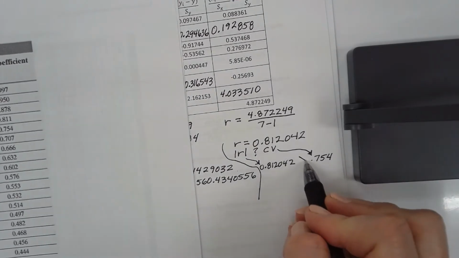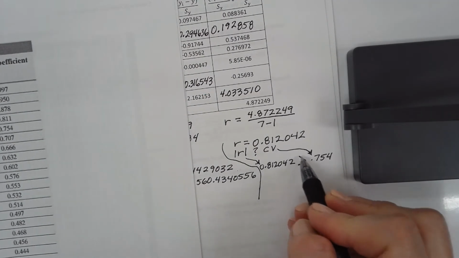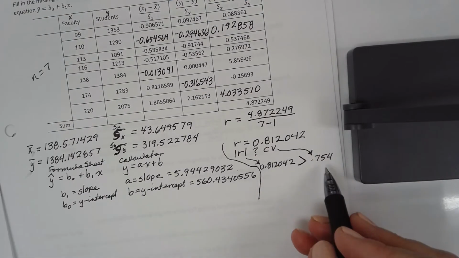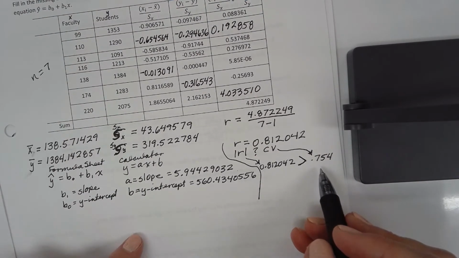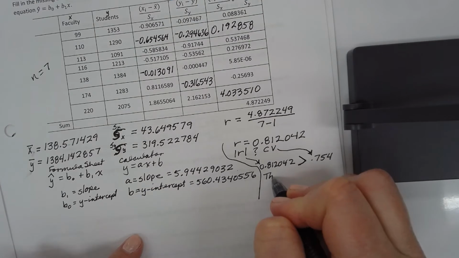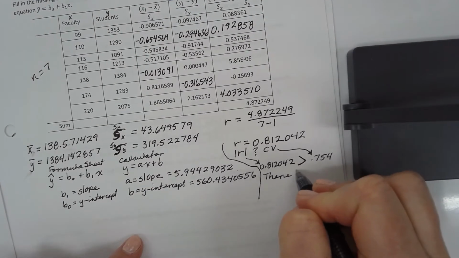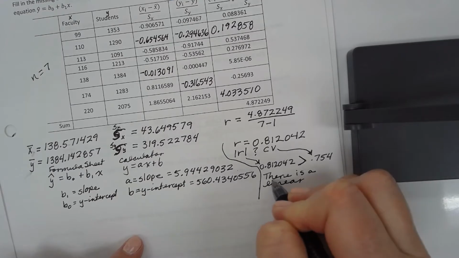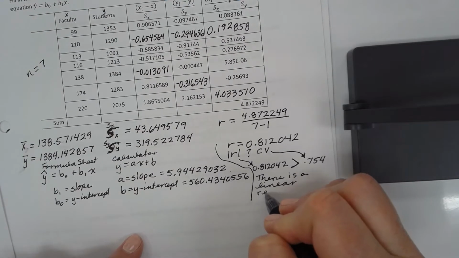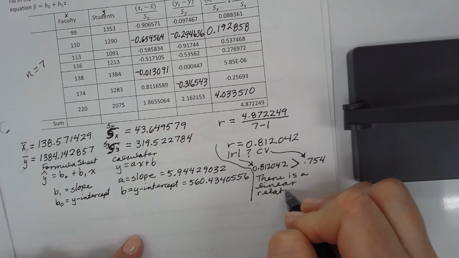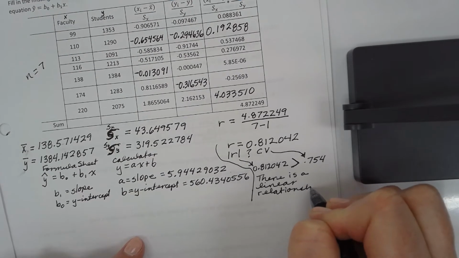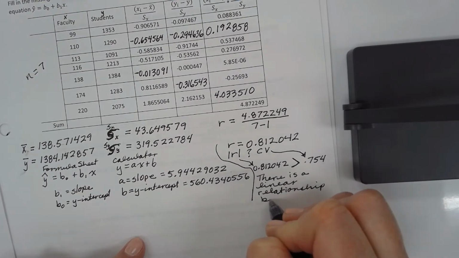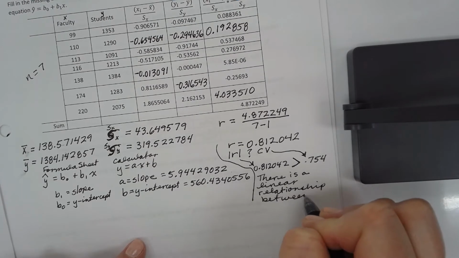So if the absolute value of the R is greater than the critical value, that means there is a linear relationship between the x values and the y values.